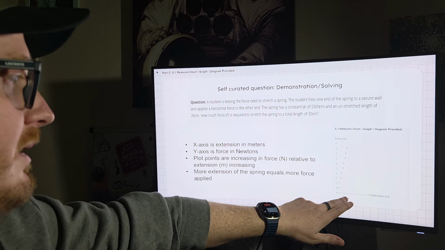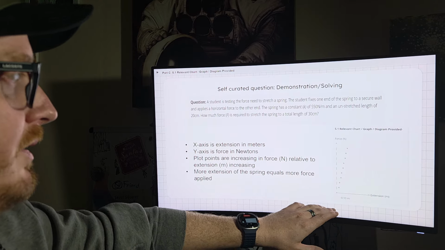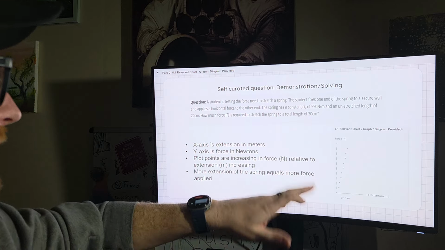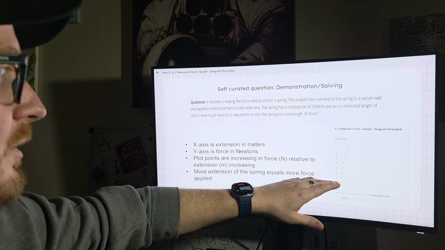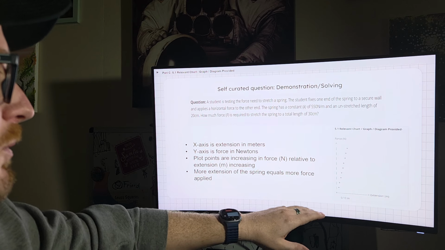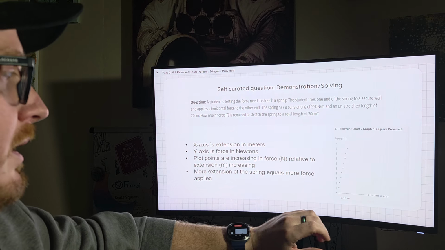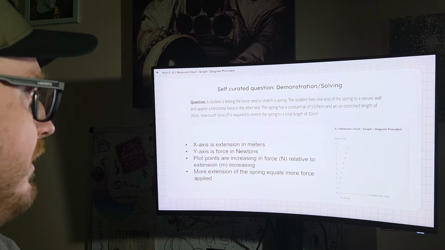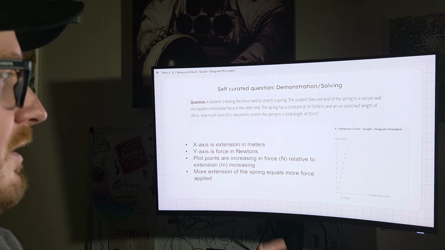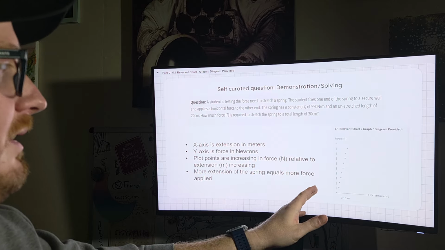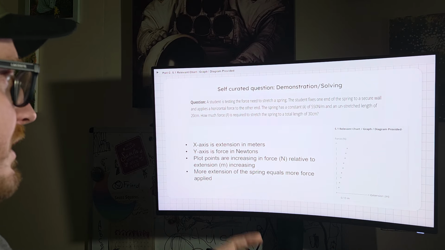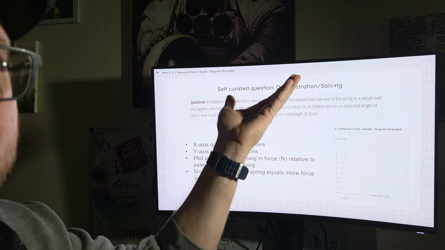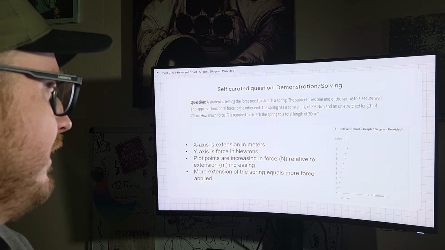On the x-axis is the extension in meters, and the y-axis is the force in newtons. And as you can see, once you pull per 0.1 meter, you get an increased force in newtons along the x and y axes, in a linear pattern. So of course, as you pull on the spring, you're adding more force, which is represented here in the graph.